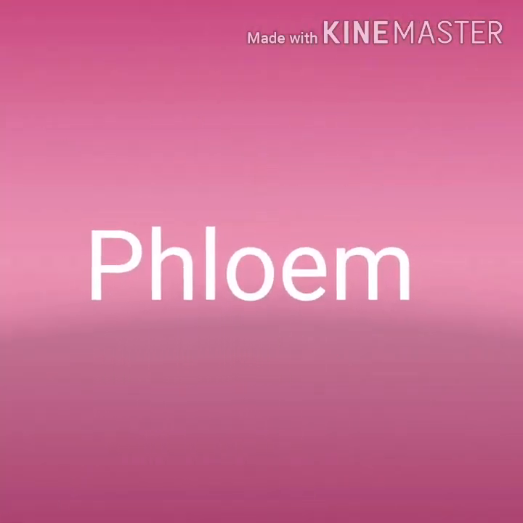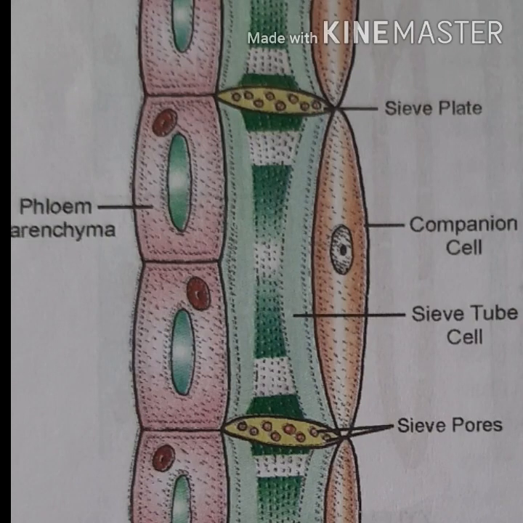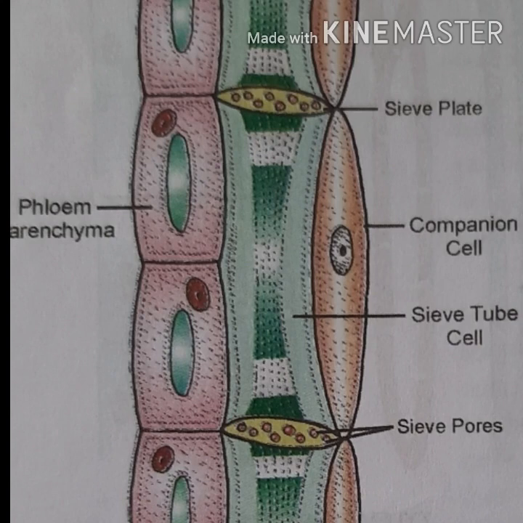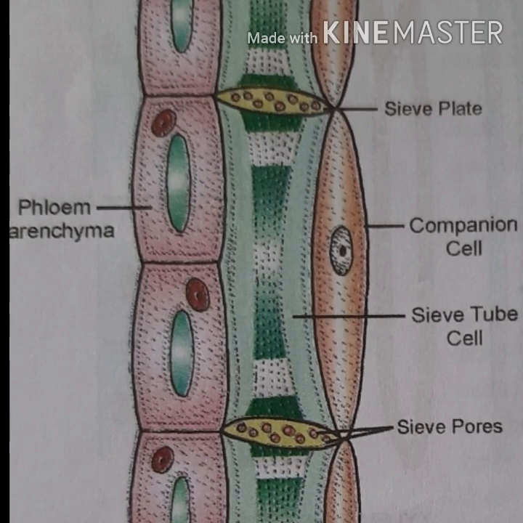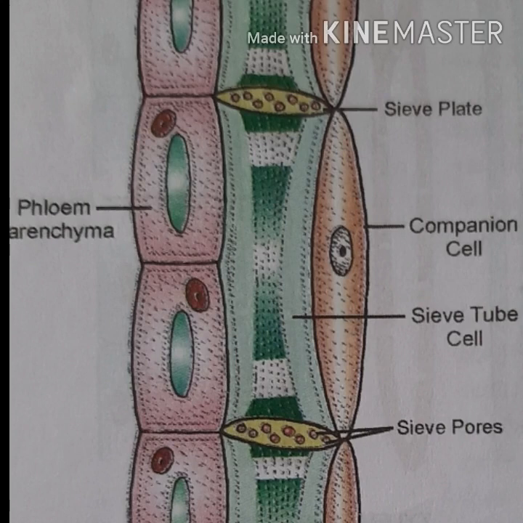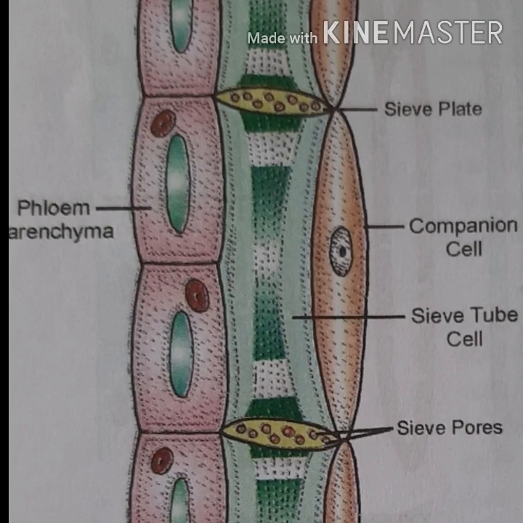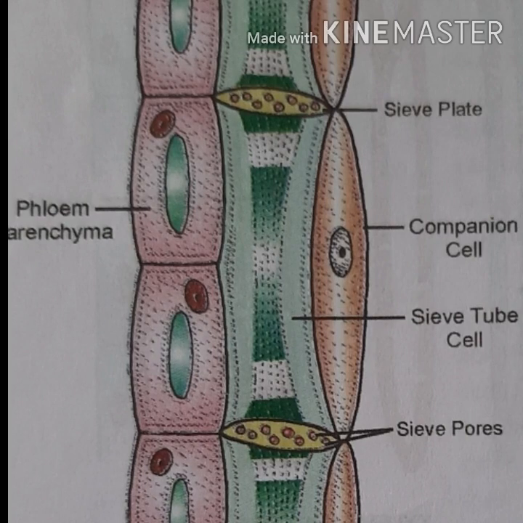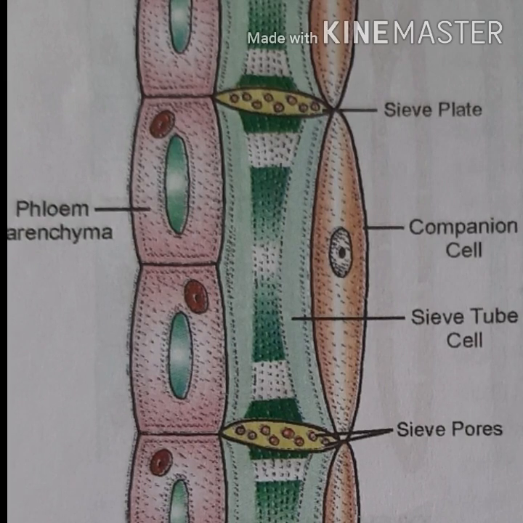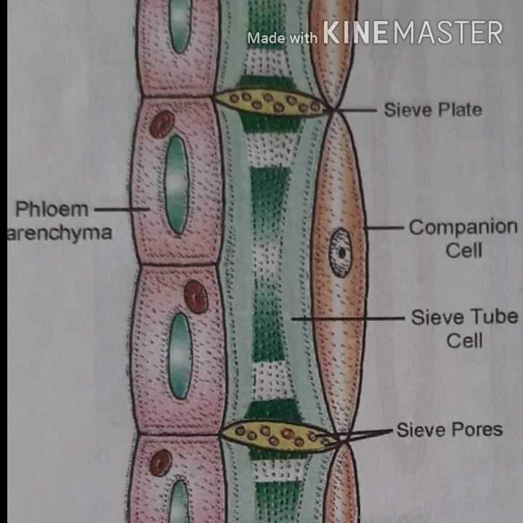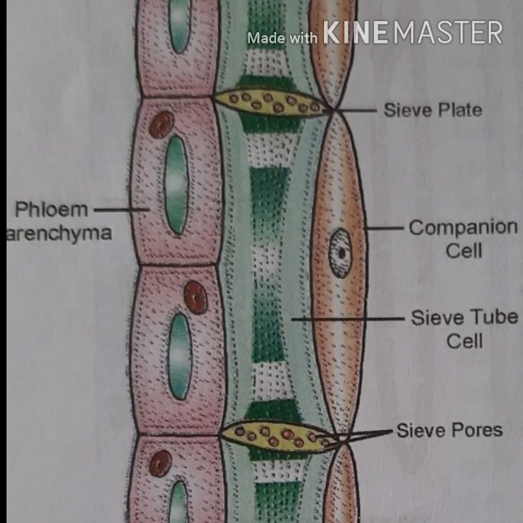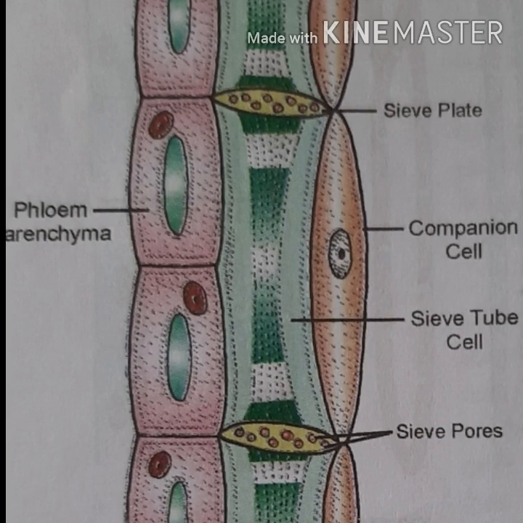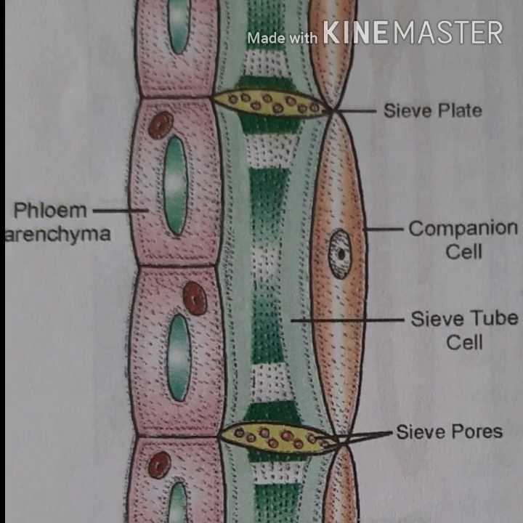Next complex permanent tissue is the phloem. Phloem is a complex permanent plant tissue which takes part in conduction of organic food inside the plant. Phloem is called living conducting tissue as its transport channels are made of living cells. This phloem tissue is made up of four elements. They are sieve tubes, companion cells, phloem parenchyma and phloem fibers.